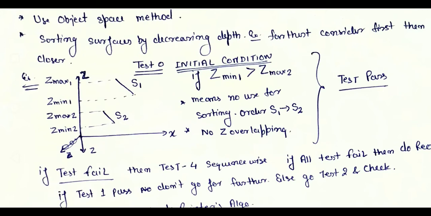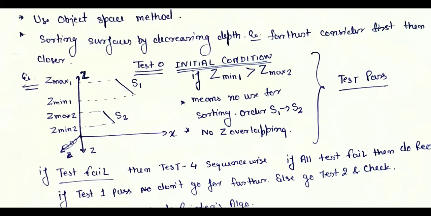The correct order will be there. It means there is no overlapping, both are individual. This is the initial condition, test 0. If it passes, there is no use to go further. If this test fails, then we take four more tests in sequence.